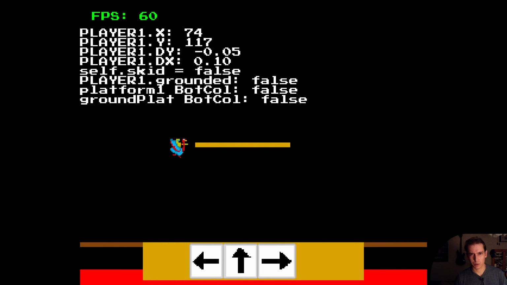If we watch our player 1.x, it does look like it went from 84 to 80 in one hit.